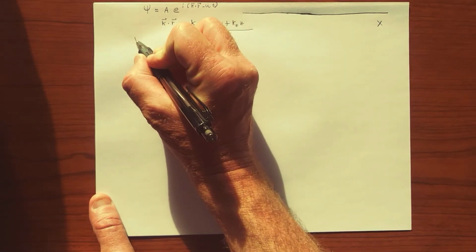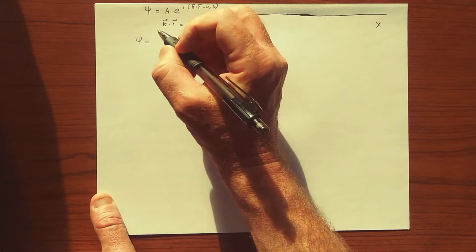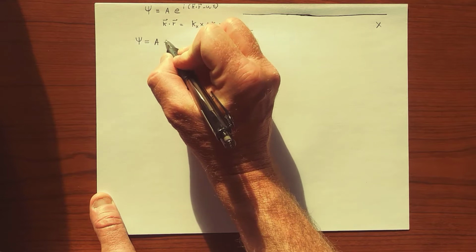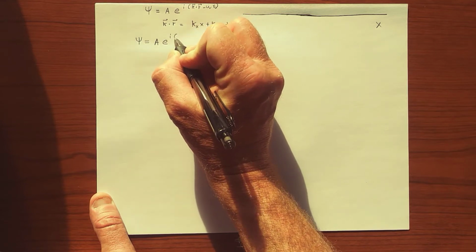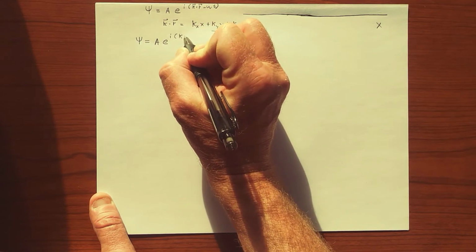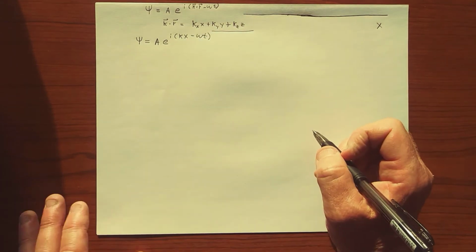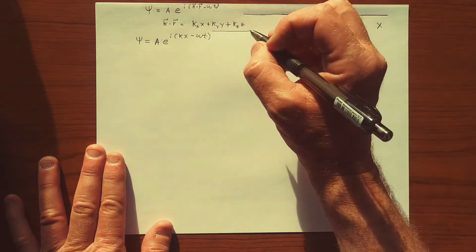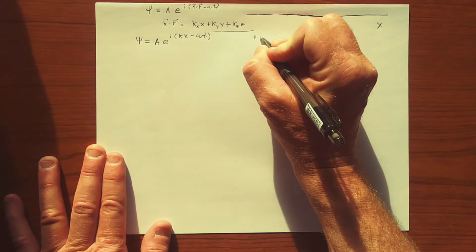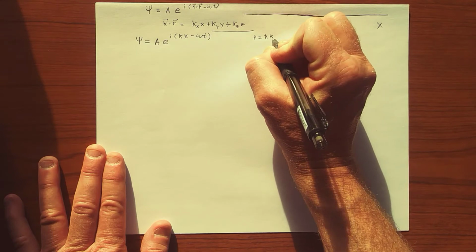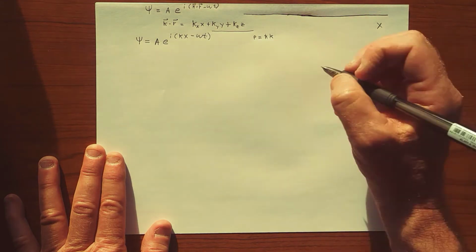So here is the object that purports to describe this particle. We get e to the i, let's just leave it as k times x minus omega t. And we could replace p equals h bar k. Now this is a px.